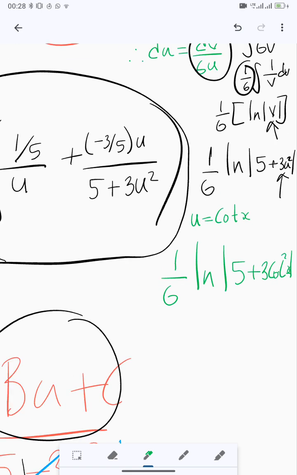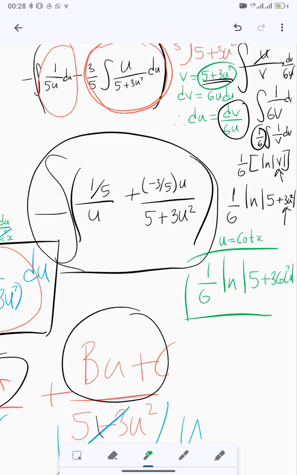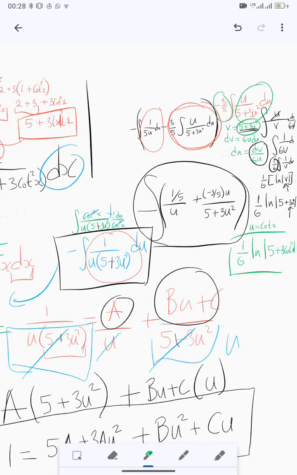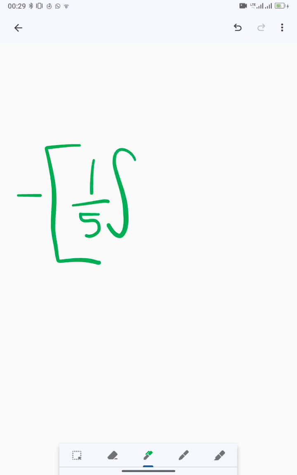That's it. Now remember that this part of the question is simply this, so I still have negative 3 over 5 here. Let me rewrite how far we have gone, in a nutshell. I had negative outside, and then the integral of 5, 1 over u. We didn't apply that one.